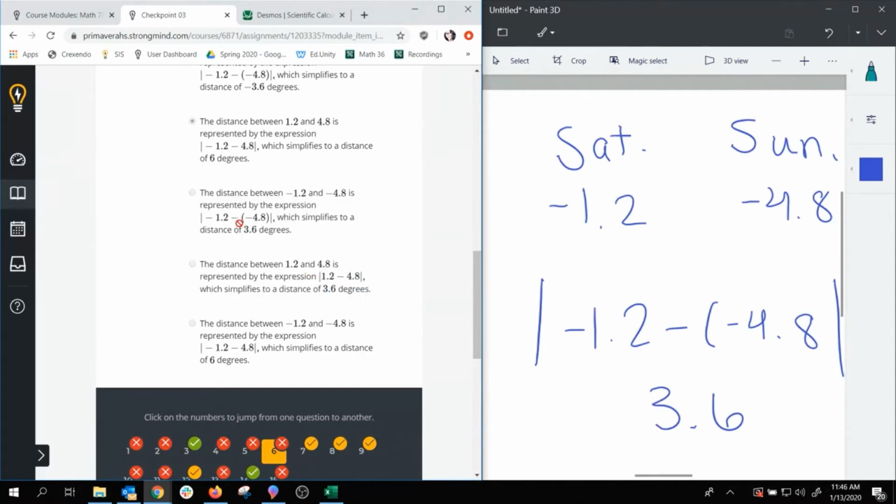Let's look and see which expression is written correctly. Which one of these expressions is written correctly, the top one or the bottom one? The third one, right? Perfect. So this one right here with those negative signs is the one that we want to pick.